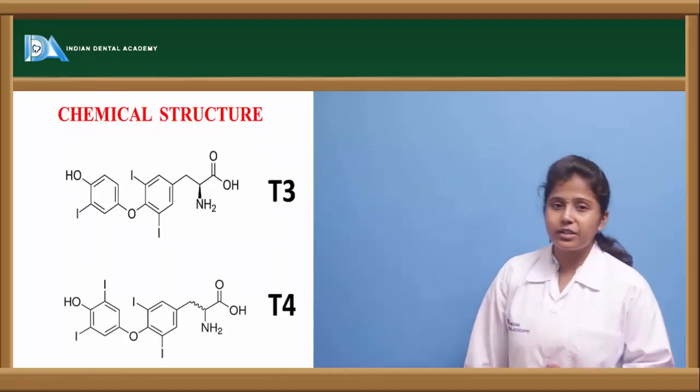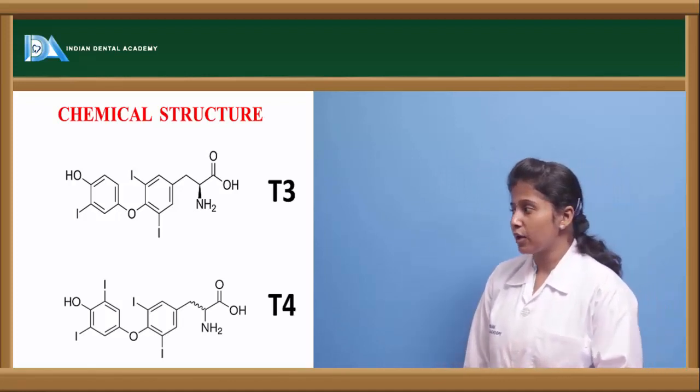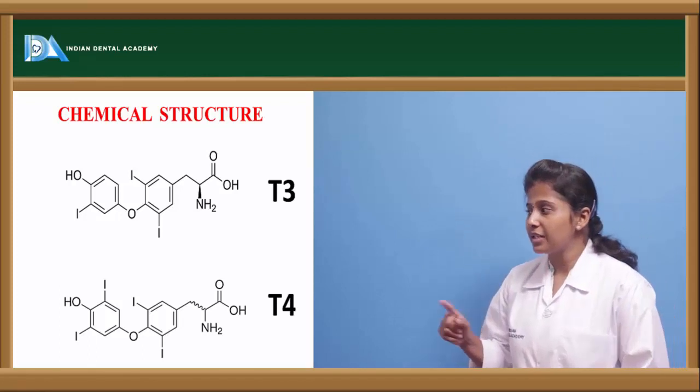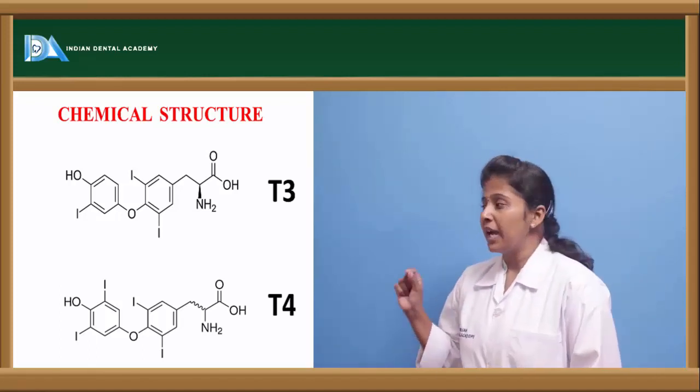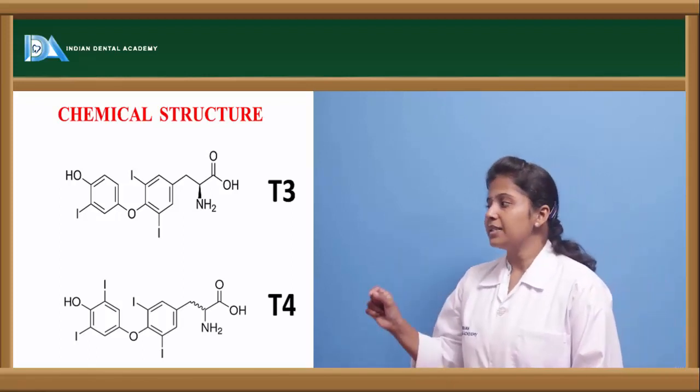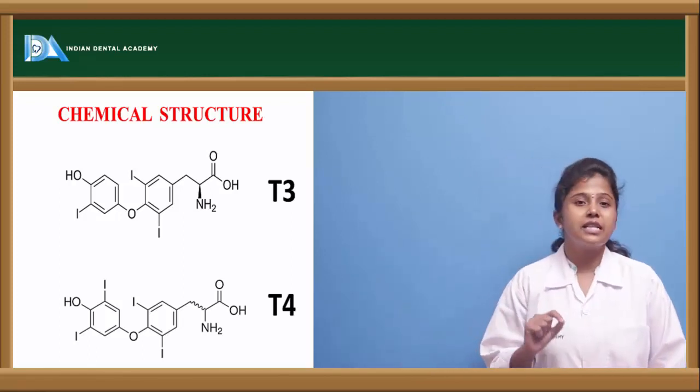Here is the chemical structure of the T3 and T4 hormones. T3 contains 3 iodine groups. If we see the structure, it has iodines at the 3rd and 5th carbon atoms of one ring, and on the other ring it is at the 3rd carbon atom.